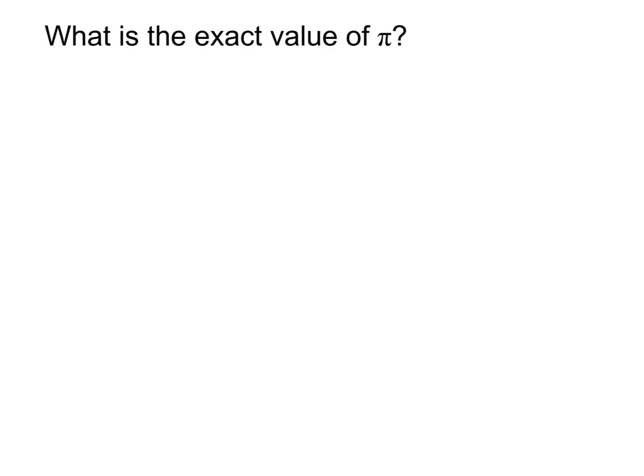But can we actually write out the whole number of pi? No. In fact, people that are working on it still don't even know where pi ends. They're still finding more digits to it. So it is impossible to write out the exact value of pi as a number. So when it asks for an exact value, the only way I can describe the exact value of pi is symbolically.